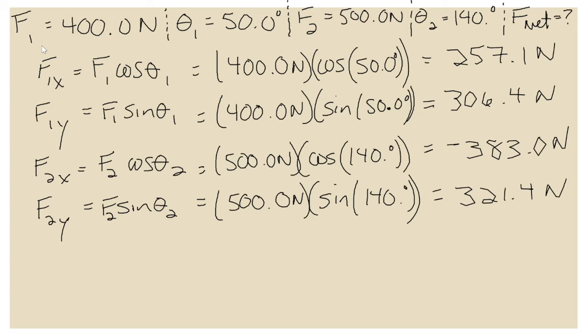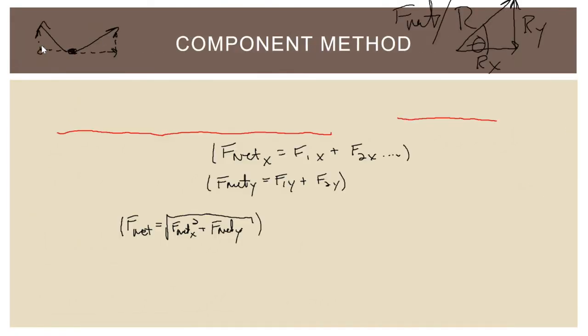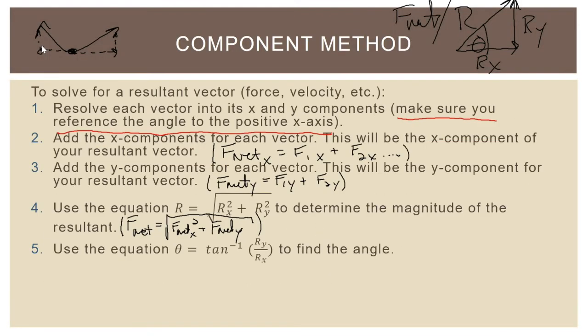And so according to the next step in the list of steps, we need to add the x and y components for the vectors. And so we'll go ahead and do that now. Add the x and y components. And so the first thing we'll do, and for no particular reason, we'll just do the x components first. So F net x is equal to F1x plus F2x.